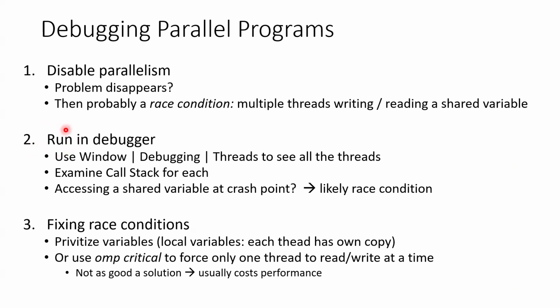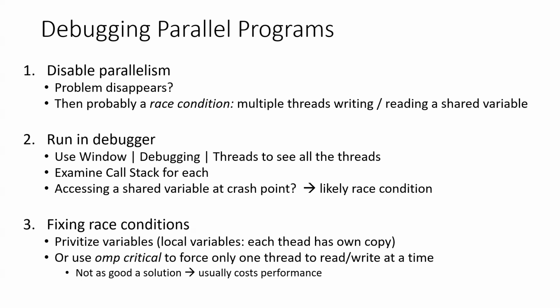And the second step is to enable back the parallelism and run the debugger. We can see all threads using the debugger tabs, and we can see the call stack for each. And see if they are trying to access a shared variable at the crash point. If they are, then probably there is a race condition on that shared variable.